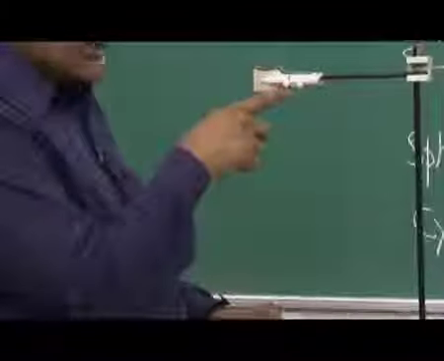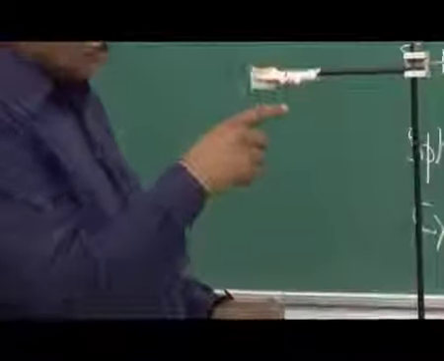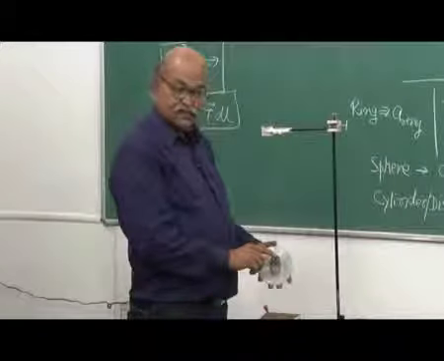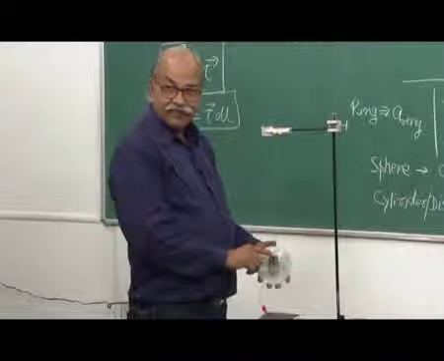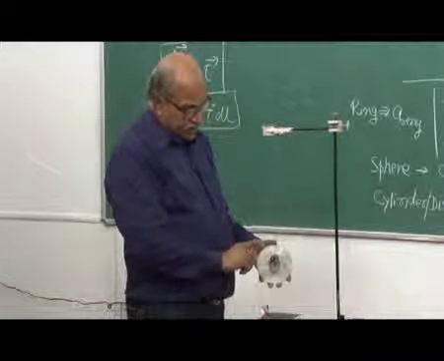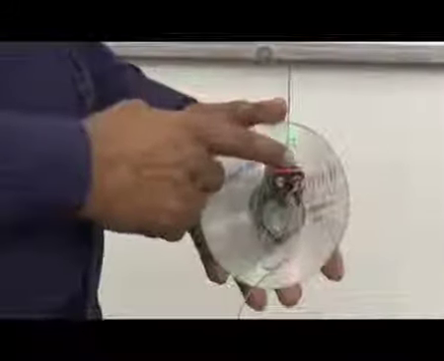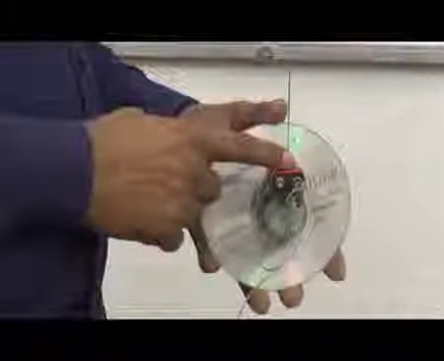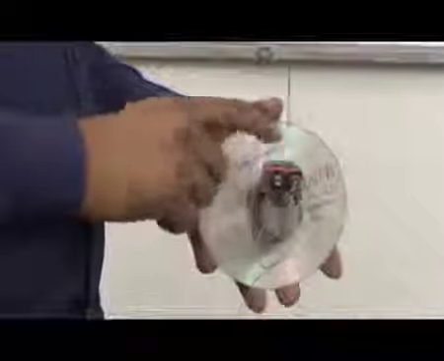The other end of the thread is tied here so that it can just hang. And this point where we have tied this thread is specially chosen. If the disc surface is vertical, this point is away from the center of mass of this system.